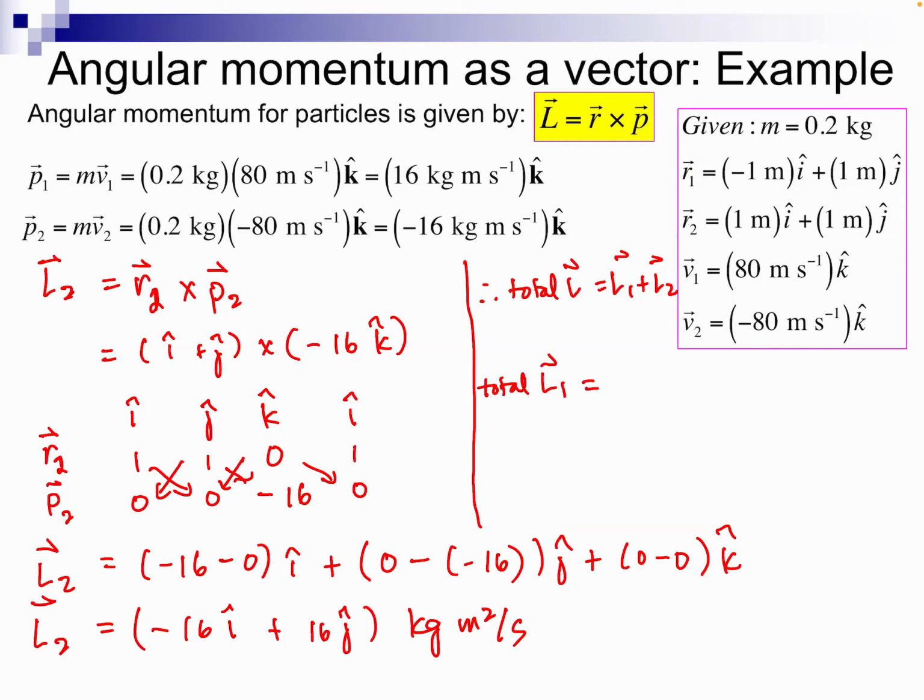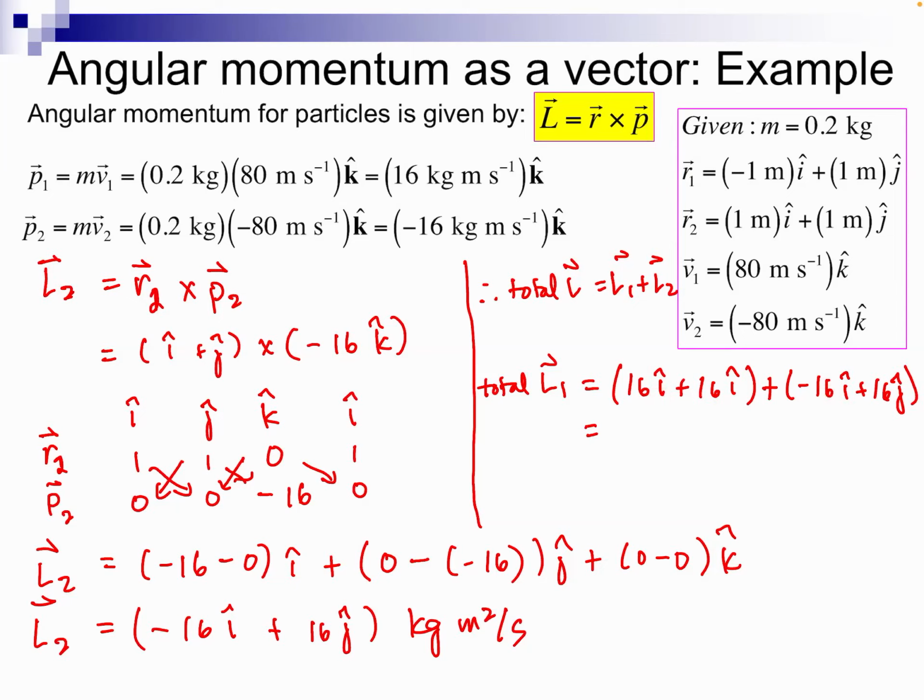So L1 we found earlier to be 16 i hat plus 16 j hat. Again, I temporarily remove the units. Plus L2 is minus 16 i hat plus 16 j hat. Okay, so it's now just combining i's together and j's together.